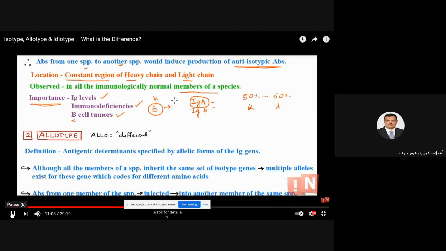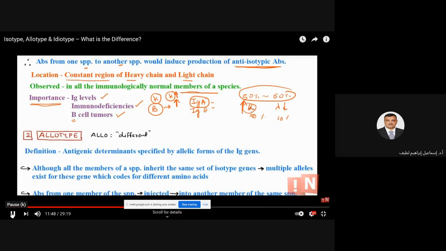What you will have is a tremendously high amount of this malignant B cell, which carries this kappa light chain gene. That means you will observe a tremendously high amount of kappa light chain in the patient's serum. So the ratio, which should be nearby 50-50, will be destroyed, and you will have a very high amount of kappa compared to a very low amount of lambda. Maybe it went to 90% and 10%. This means there is something wrong with some clones of B cell that are just proliferating. So there is a possibility of B cell tumor.